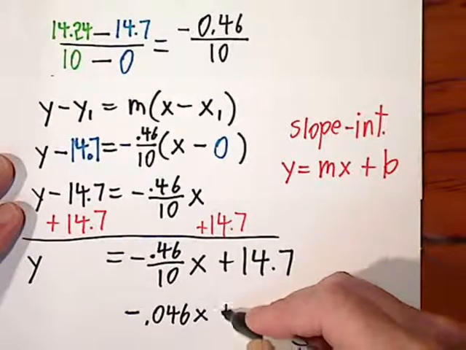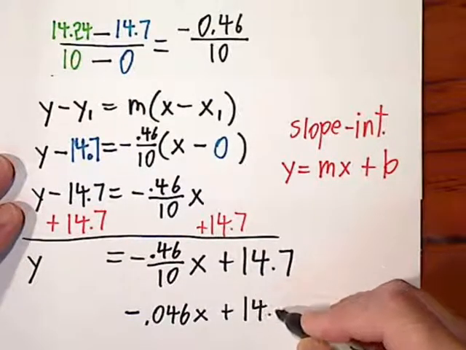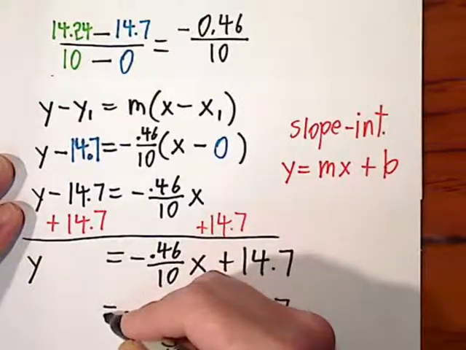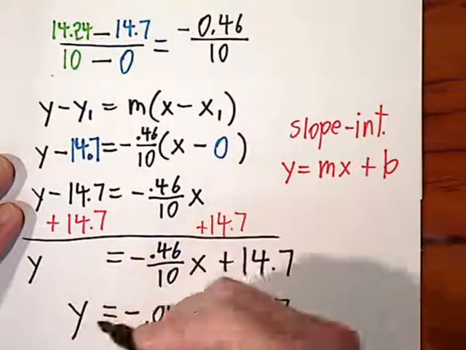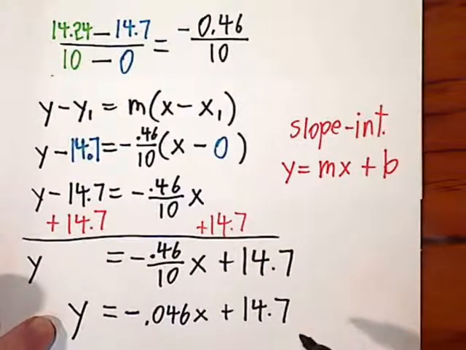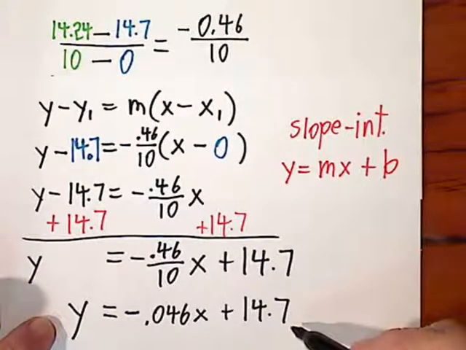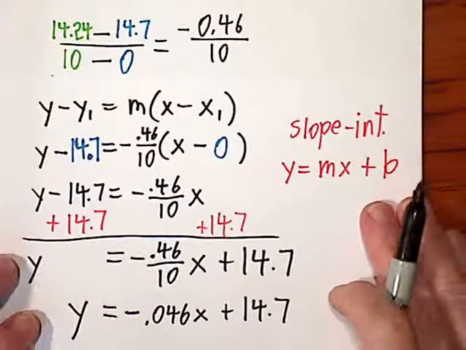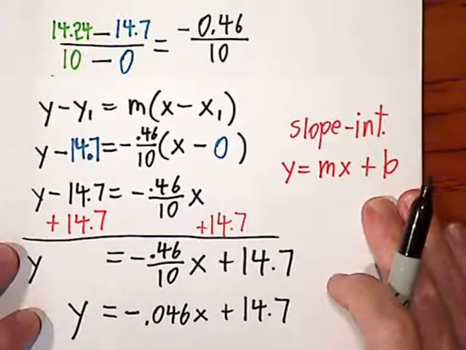And then this just comes down, and we'll write this a little more compactly. Okay, so here we have our equation written in slope-intercept form.